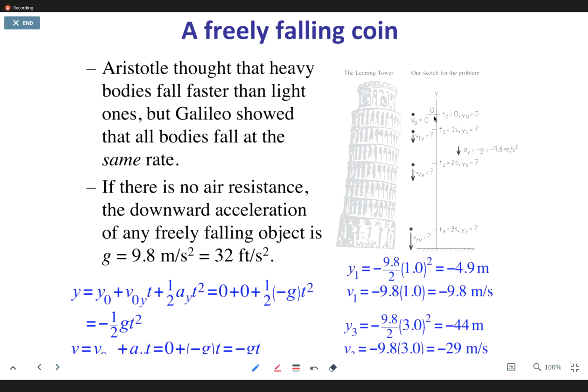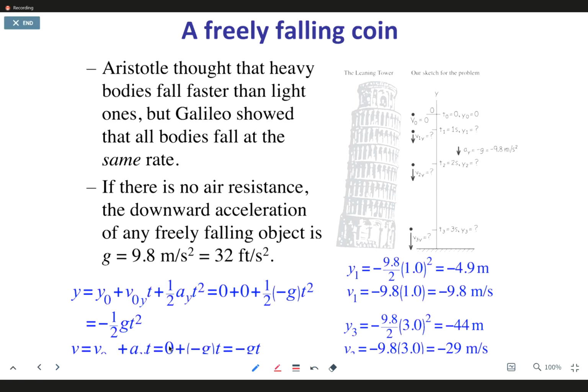If we treat y naught as equal to 0, all we're left with is this term. What I want to emphasize is that there's a minus g here for the acceleration, and that's because we are treating the downwards direction as being the negative direction.